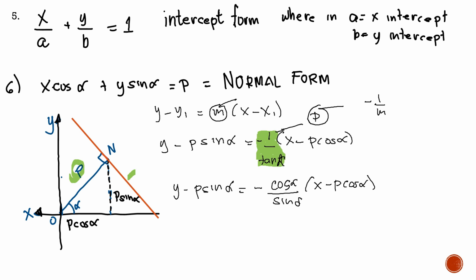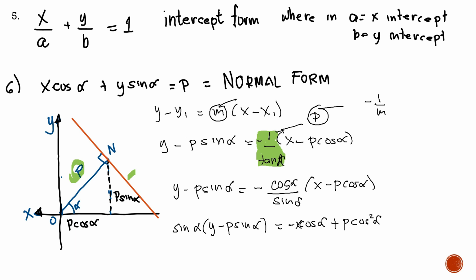Therefore, cross-multiplying by sine alpha, y minus P sine of alpha is equal to negative cosine of alpha times x. Right? May x doon, ano? Minus, or it becomes plus P cosine squared of alpha.